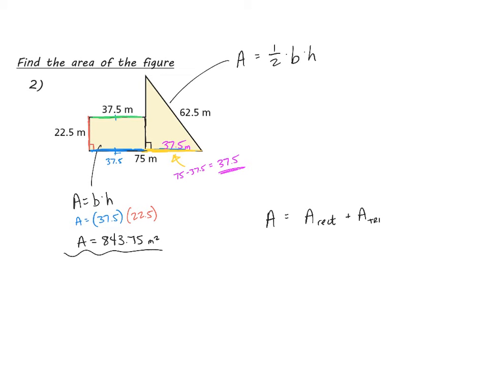So I know my base. Now I need to figure out my height. Now, unfortunately, I don't have any cool little tricks there that I can do to find my height, but I do know it's a right triangle. And I'm given one leg and the hypotenuse, so I can use Pythagorean theorem.